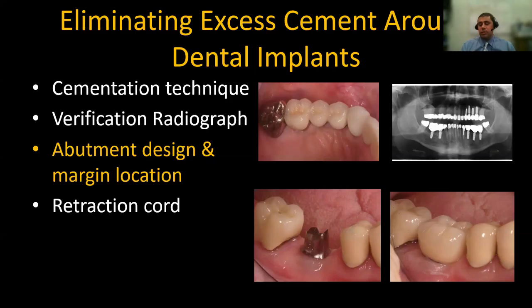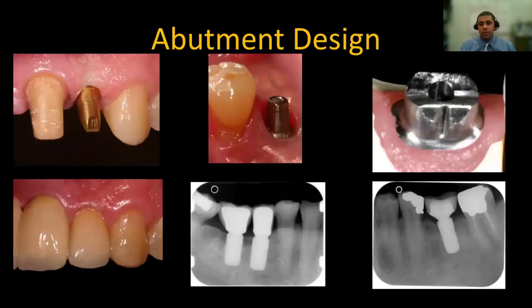But something very important to consider is the abutment design and margin location in preventing and supporting the soft tissue and preventing retained cement around dental implants. Those pictures can illustrate that. So look at this abutment here and that abutment there, which are our fully customized CAD/CAM abutments, and look at the soft tissue support and the margin placement.